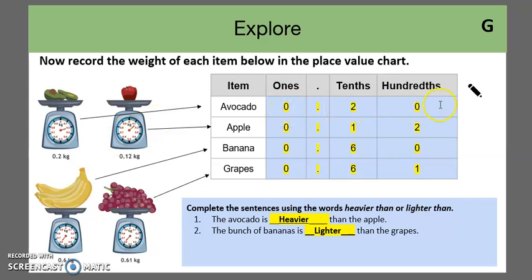When we're writing it, we notice how we could put the 0 in the ones spot, the decimal, the tens, but there's no hundreds. And if there's no hundreds, we can place a 0 as a placeholder here. When looking at the sentences, we see that the avocado is heavier than the apple. The bunch of bananas is lighter than the grapes. And we can see this comparing the quantities from above.